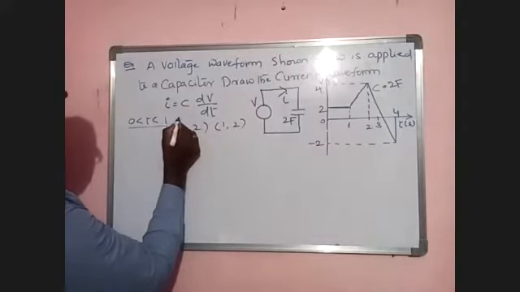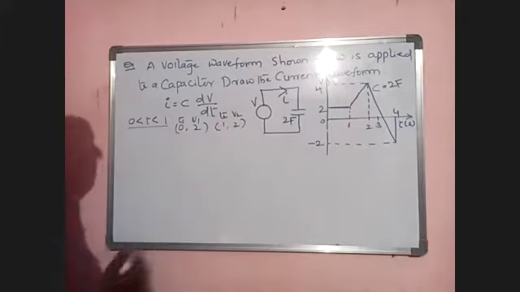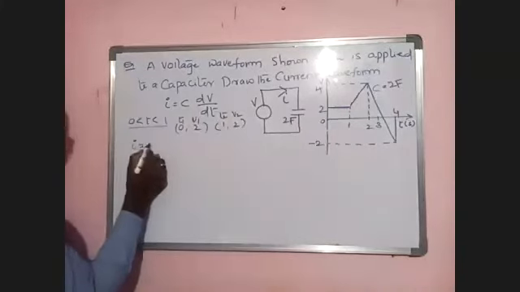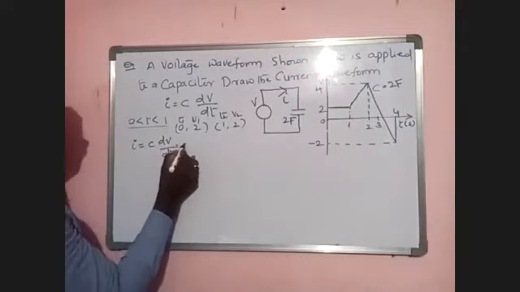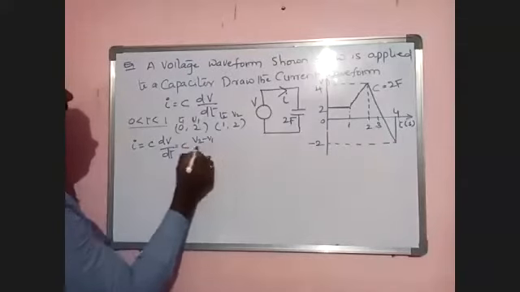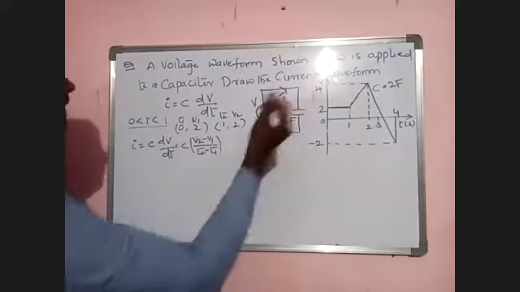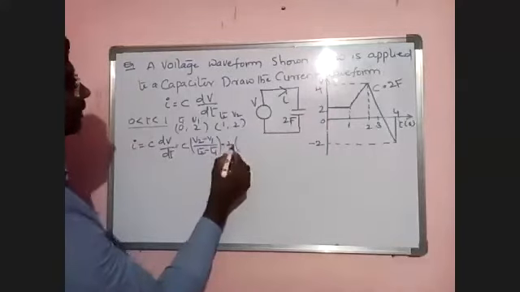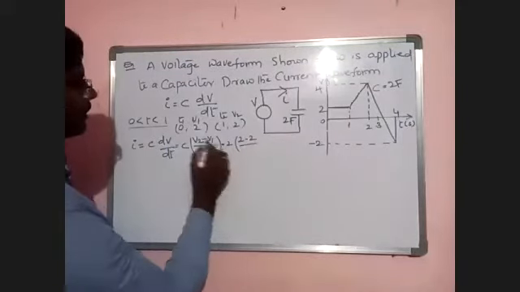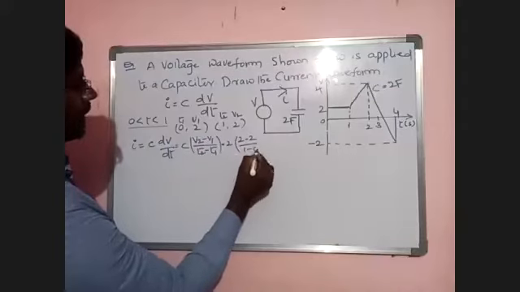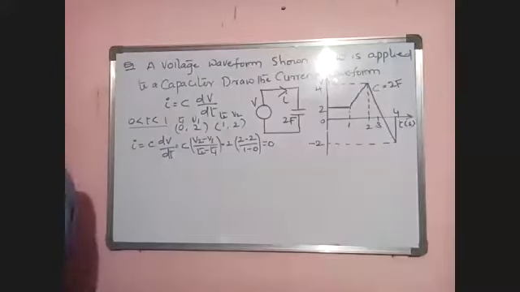So you can call it T1, V1, T2, V2. So from this, I is equal to C into dV by dt, so C into V2 minus V1 by T2 minus T1. What is C? 2. 2 into 2 minus 2 by 1 minus 0, which is equal to 0 amps.